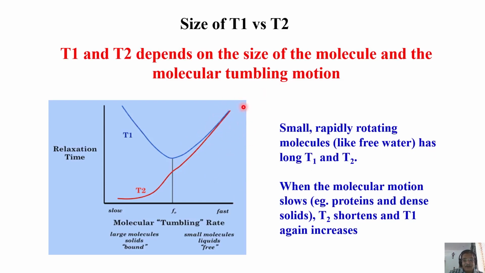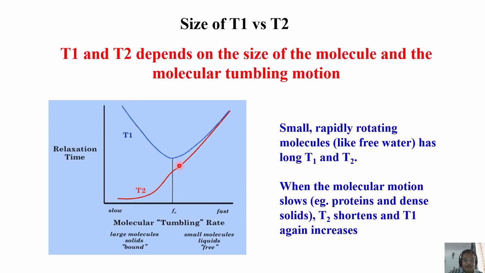Okay. And if you go to relaxation rate, it is slower, because the rate is the inverse of that. On the other hand, big molecules like proteins and dense solids have slow motion. Molecular motions are very slow, in which case T2 gets shortened but T1 increases.